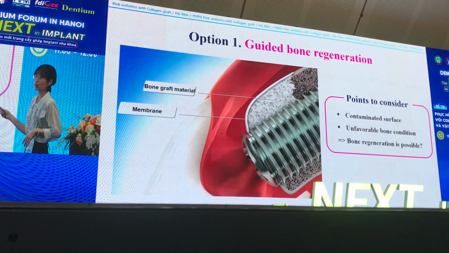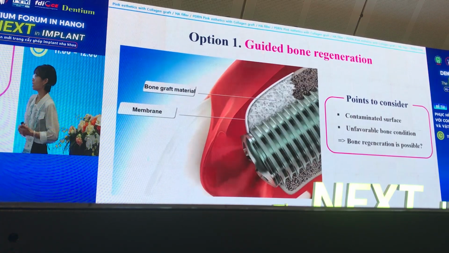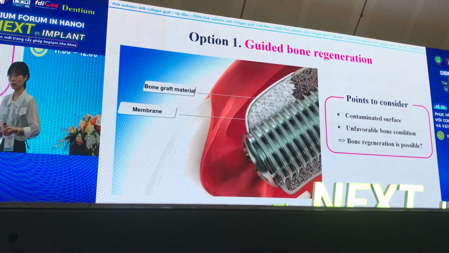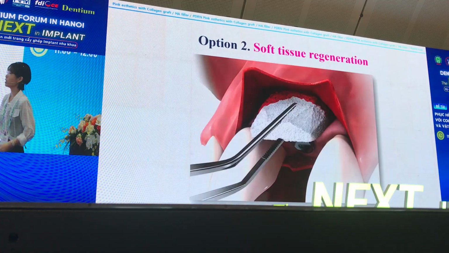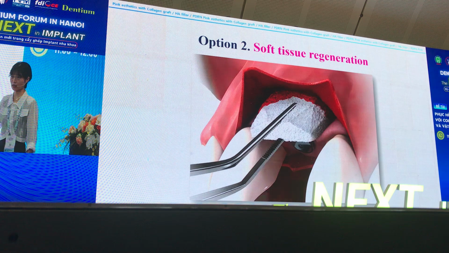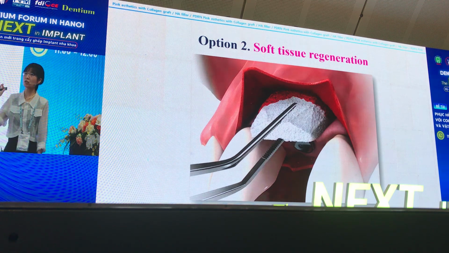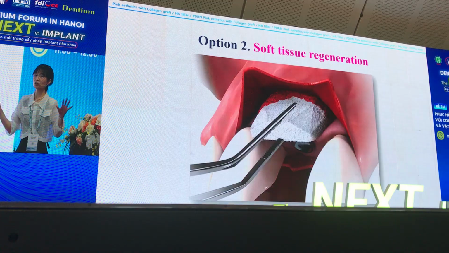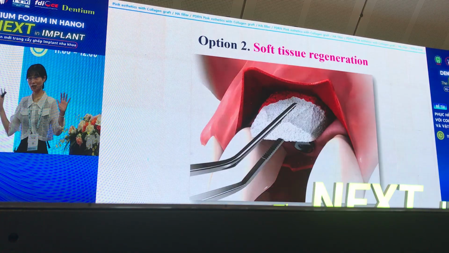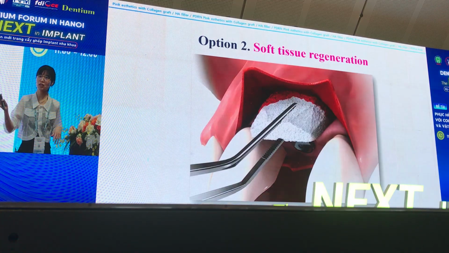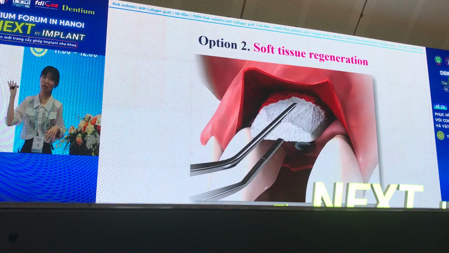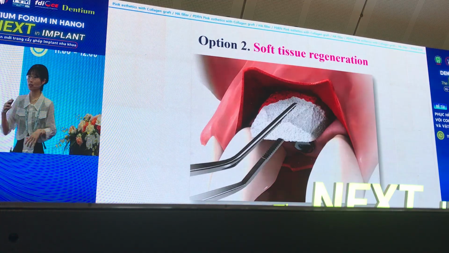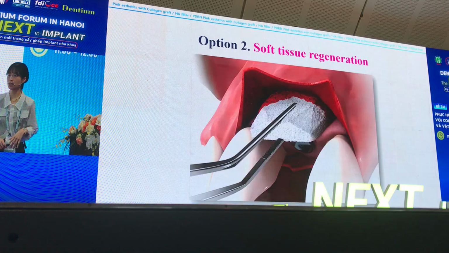So in that case, I do not put bone materials. I just apply the soft tissue method because the patient just wants to improve the esthetic point. They don't know whether there is bone or soft tissue there. They just want the esthetic improvement.